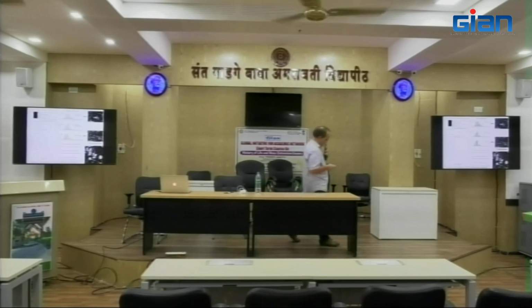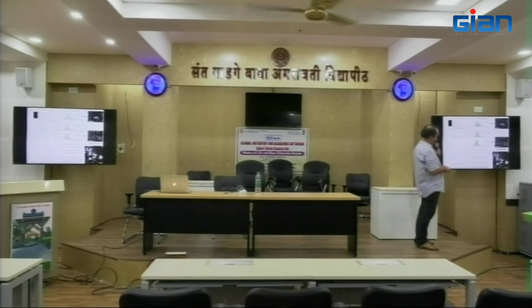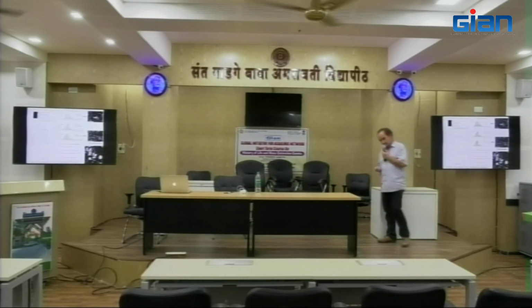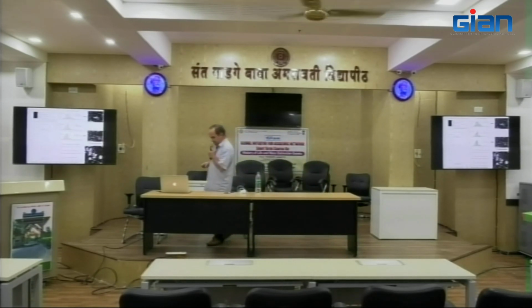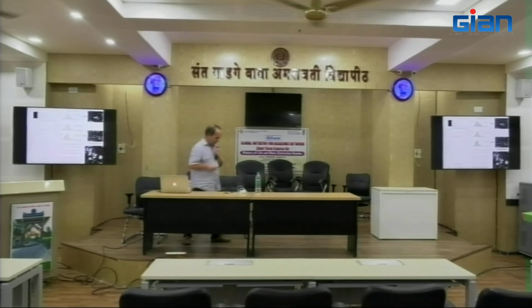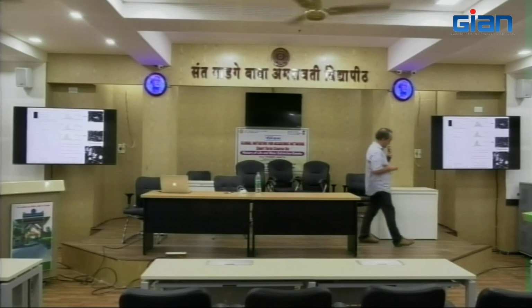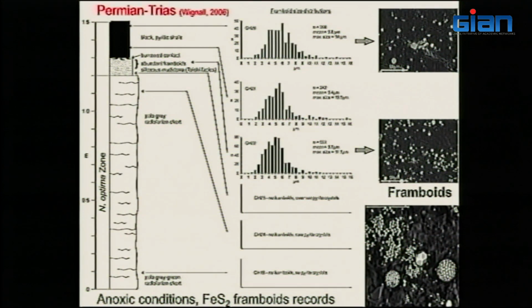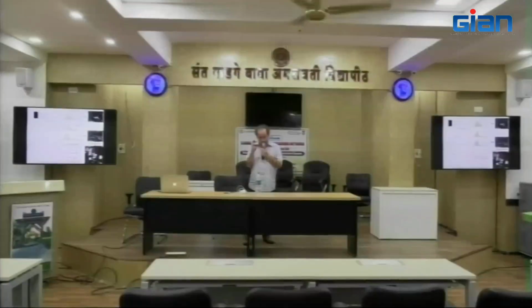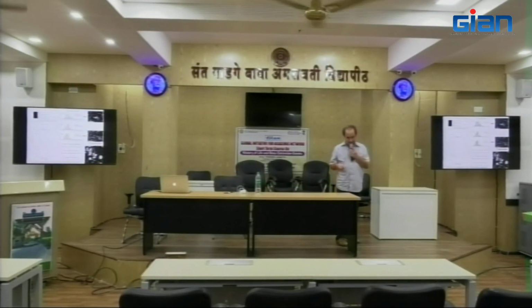And if you have a lot of organic matter and anoxia coming into this water column, not only on the seafloor, you will have a degradation of the organic matter in the water column by sulfate-reducing bacteria, which will transform organic matter and produce some pyrite. But this pyrite is very small, because generally this pyrite is formed inside the chamber of the very small planktic foraminifera, for example. And they have this framboid morphology.